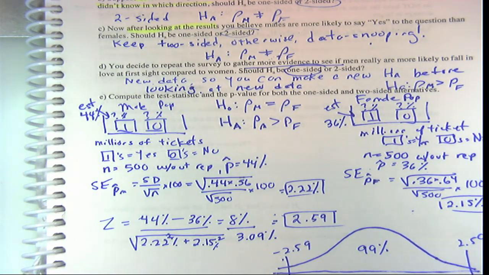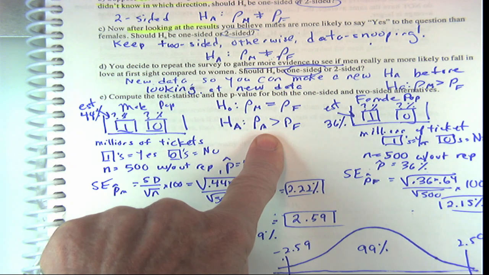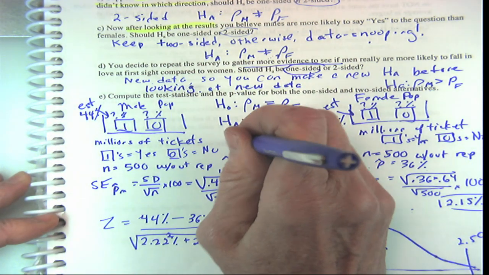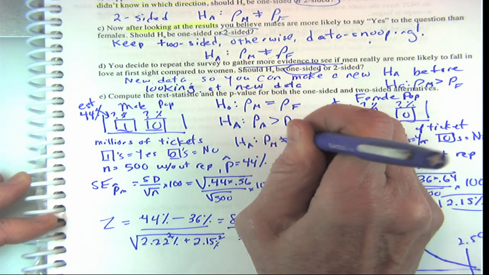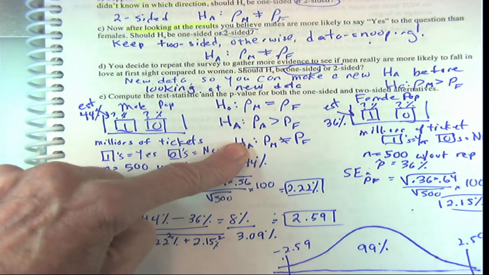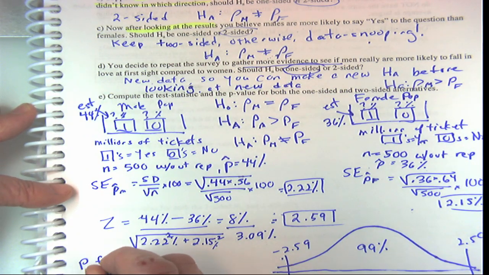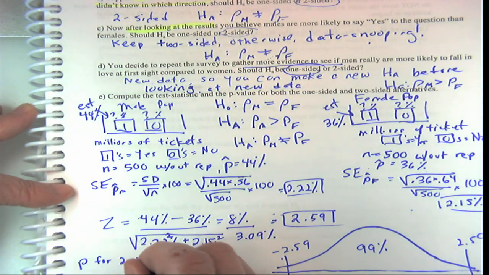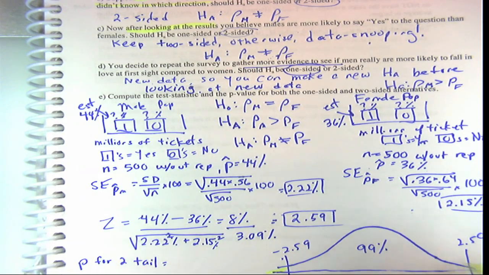So for this alternative, we have two alternatives we're trying out here. For the two-sided, two-tailed one, the P is going to be the area of both tails. So that's 100 minus 99.